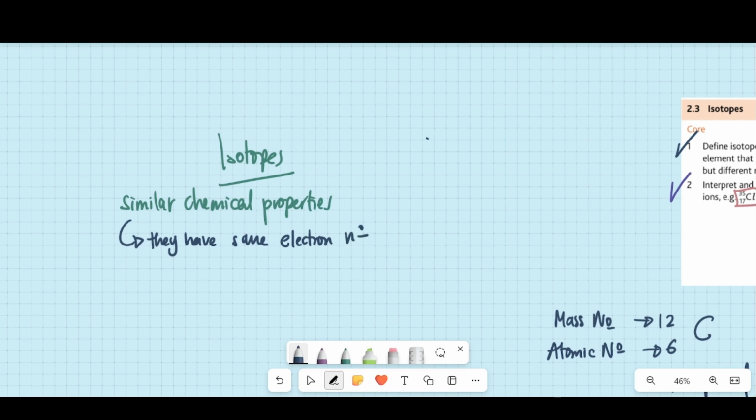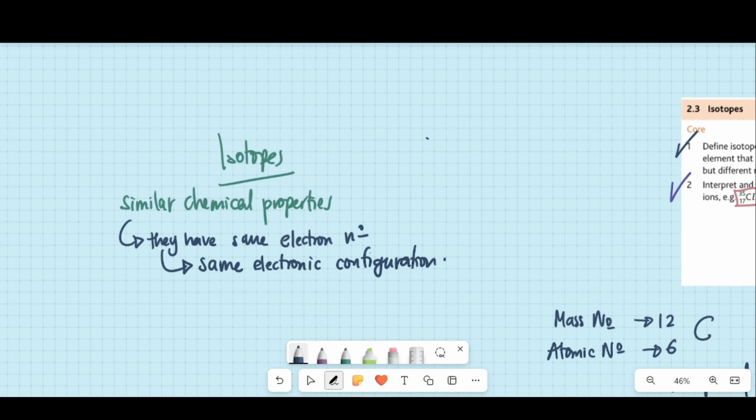So this means the same electronic configuration. And when you're talking chemical properties, you're always talking reactions, right? So if they have the same electronic configuration, that means the same valence electron number, valence shell.